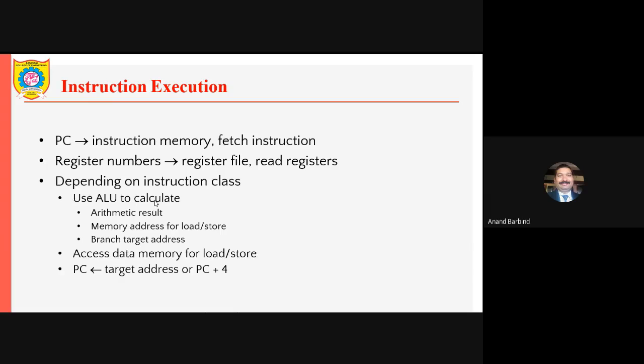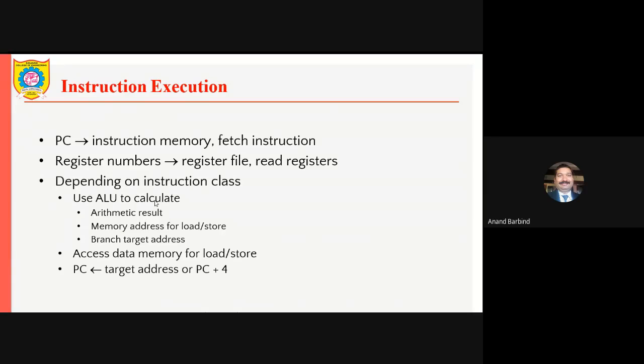Whereas the instruction may be a branch instruction, and in that case again the ALU takes part in calculating the branch target address. So though the ALU is meant basically for performing arithmetic and logic operations, in addition, it supports the processor in calculating data memory addresses and branch target addresses.